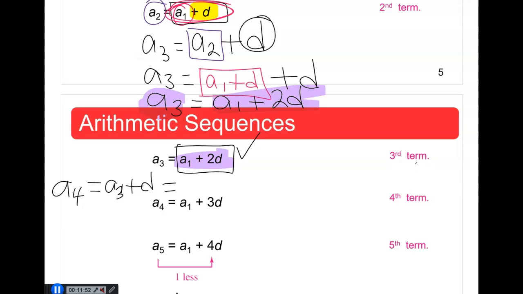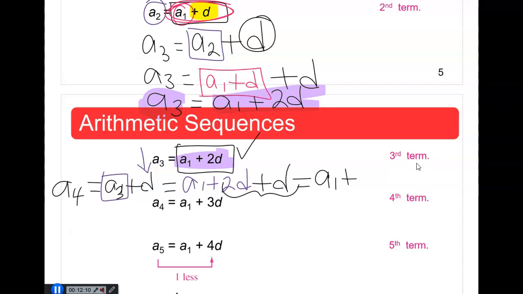So if I substitute a sub 3 with that expression, it will be a sub 1 plus 2d, but we still have d that needs to be added here. So plus d, so that will be equivalent to a sub 1 plus, combining those terms, 3d. And so that is how we will find a sub 4.